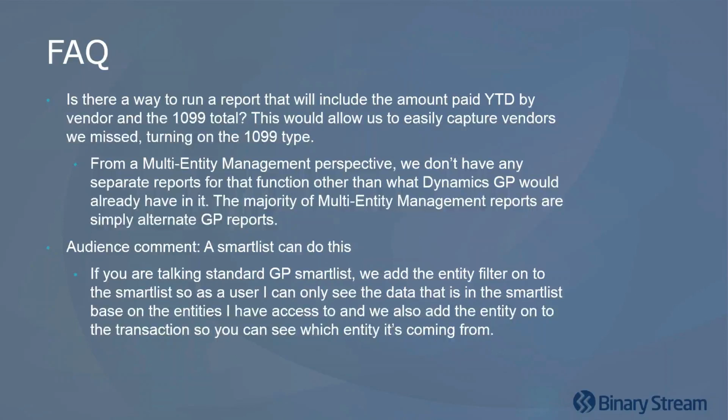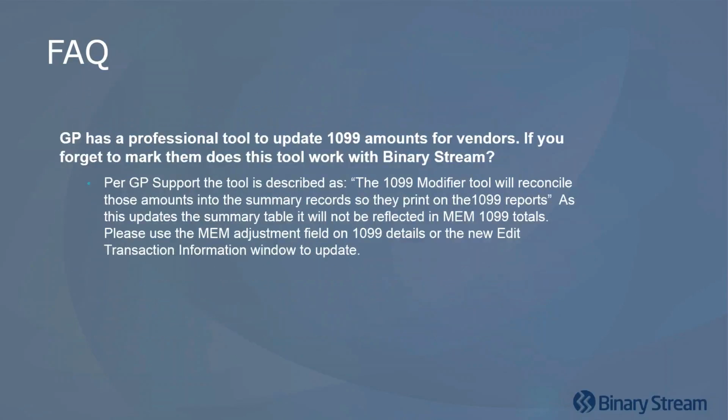All right. Next one was, GP has a professional tool to update 1099 amounts for vendors if you forget to mark them. Does this tool work with Binary Stream? Per GP, the description of the tool is that the 1099 modifier report will reconcile these amounts into the summary tables, so they print on the 1099 reports. This is actually pretty important.